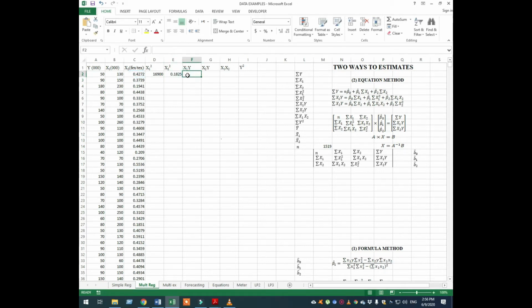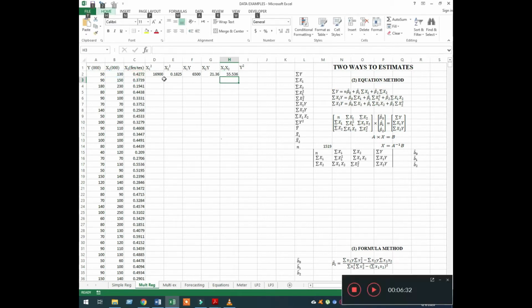This is x1 multiplied by y, this is x2 multiplied by y, and this is the product of x1 and x2, x1 multiplied by x2.